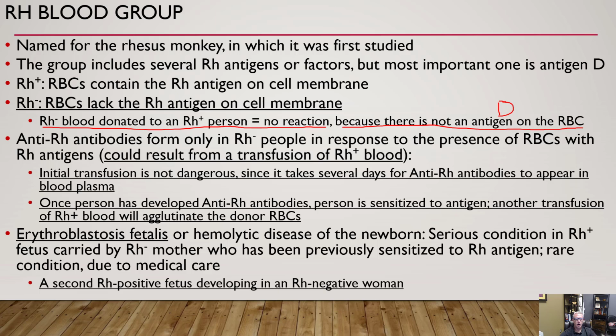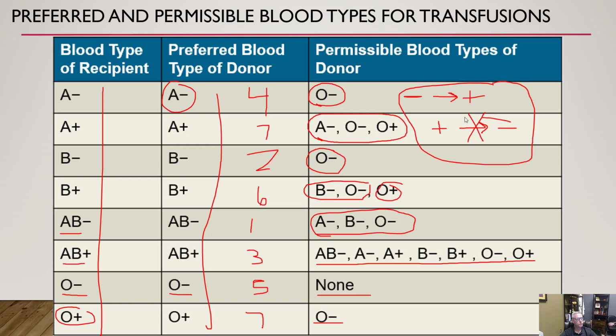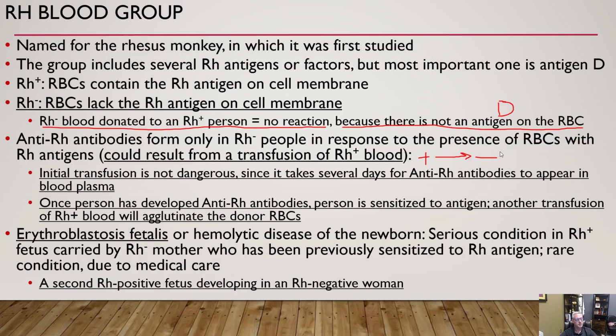Anti-Rh antibodies only form in an Rh negative person in response to the presence of red blood cells with Rh antigens. So that's when a positive donates to a negative person, which could result from a transfusion of Rh positive blood.